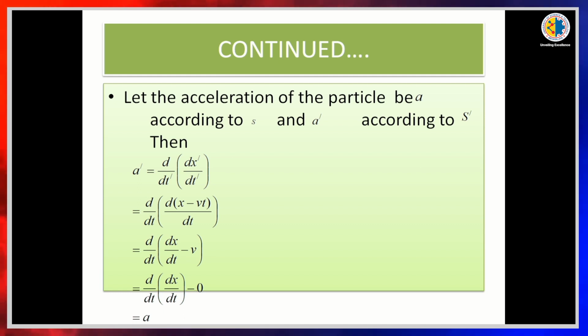Therefore, we write d by dt dash of dx dash by dt dash, which is the rate of change of displacement. It is symbolized by capital V dash. Now we apply the Galilean transformation equation.